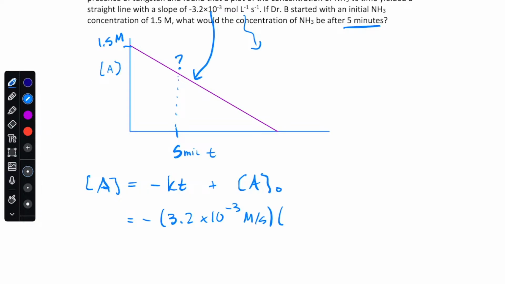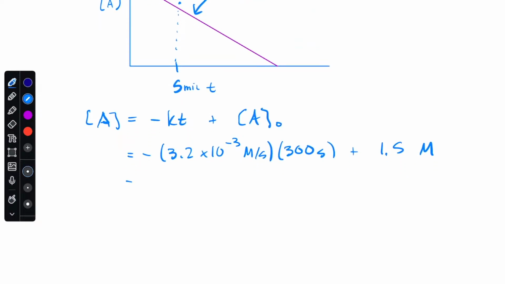Very important that our units always match up when we do these calculations. And because the time in our rate constant is in seconds, we better convert our 5 minutes into seconds, which is 300 seconds. Plus our initial concentration, which is 1.5 molar.